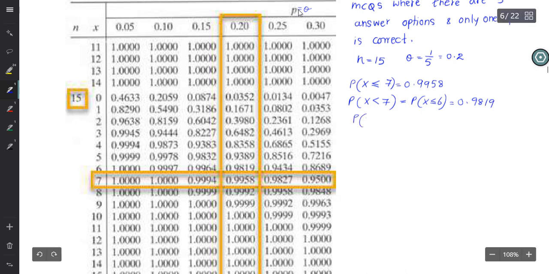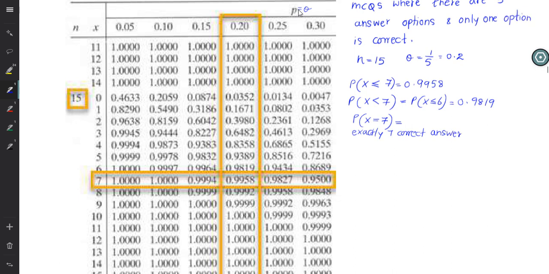Now what will be the probability that he answers exactly 7 questions correct? Exactly 7 correct answers. How do you find that? You don't see the answer in the table, but you have to find it using a small calculation. You know that P(X = 7) is, if you read the probabilities all the way up to 7, less than or equal to 7, and subtract less than or equal to 6, then you get P(X = 7).